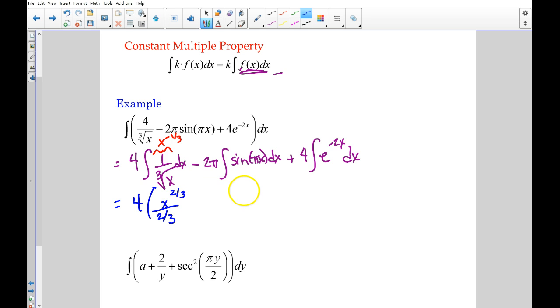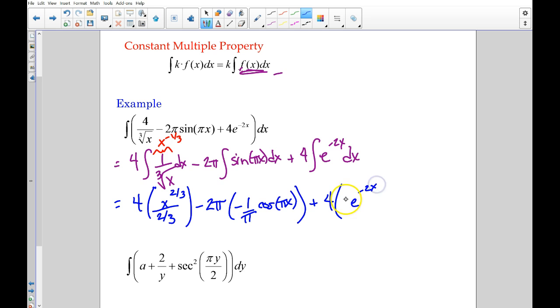Minus 2 pi, the antiderivative of sine is going to be a minus cosine of pi x, and then by the chain rule I'd have to multiply by pi, but instead to undo that I need to divide by pi. Plus 4, and then the antiderivative of e to the minus 2x is e to the minus 2x times 1 over the derivative of the exponent. And then all of that is plus c.